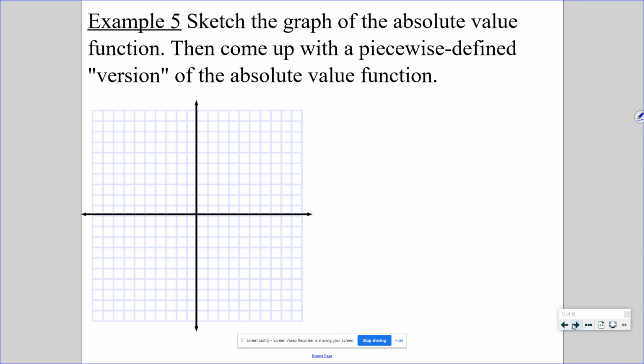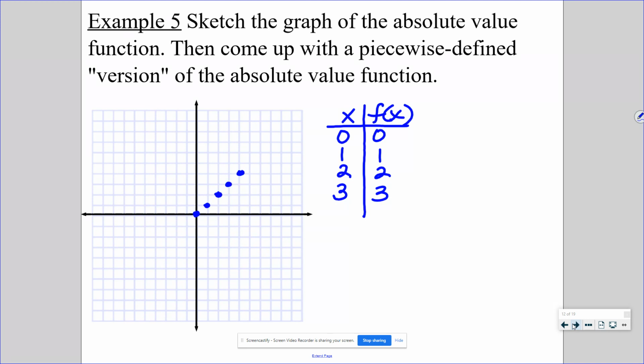The input of any number greater than 0, so we'll call that x. It was a on the last slide, but anything greater than 0 is going to be the same exact outcome, right? So we have all these points on my graph, 0, 0, 1, 1, 2, 2, etc., that represent the positive numbers being plugged in, and when you take the absolute value of that, you get the same outcome.